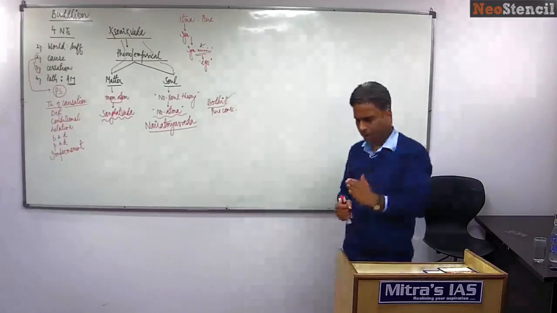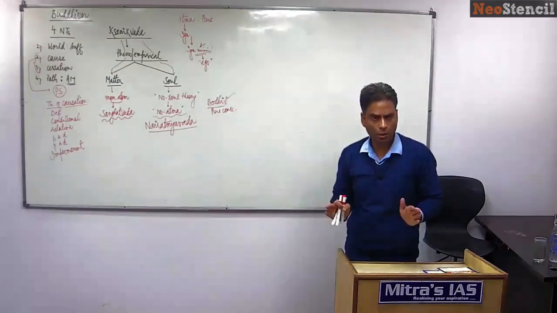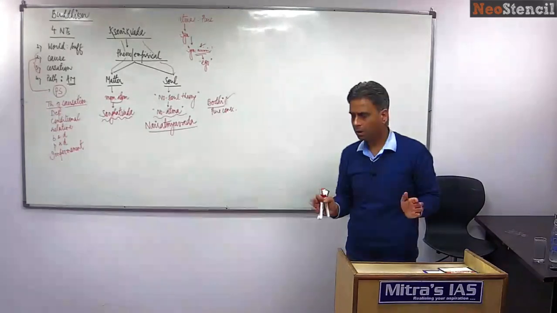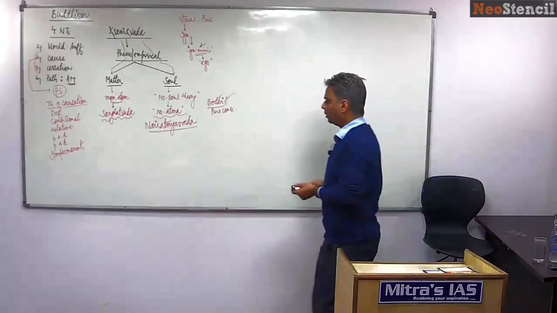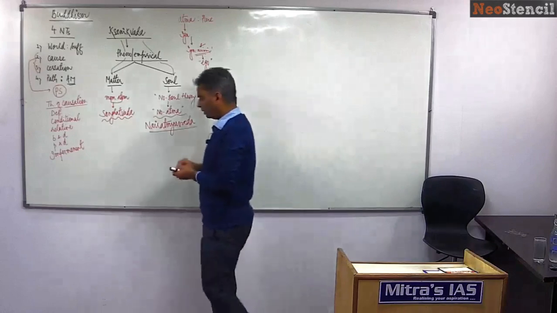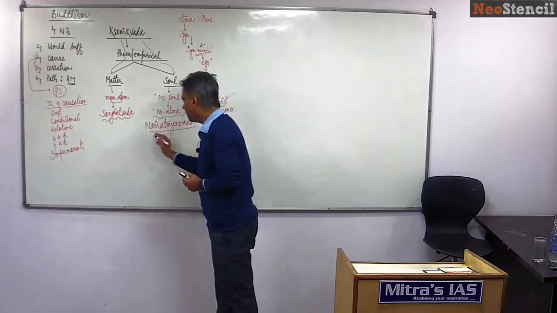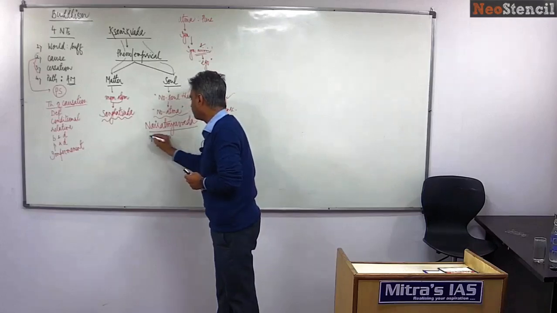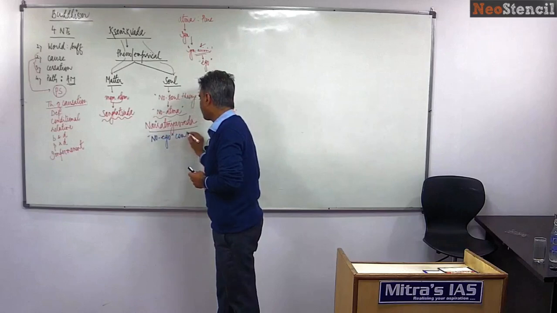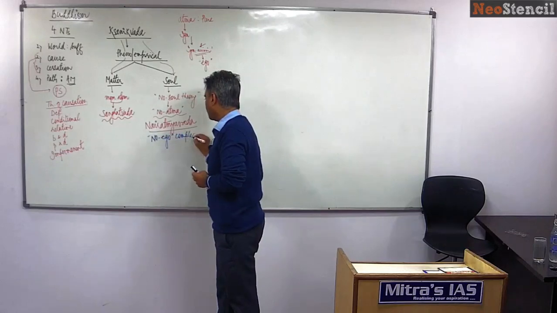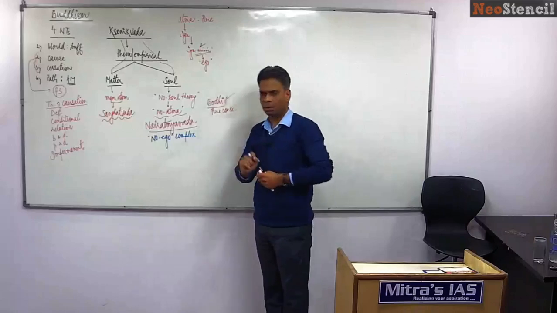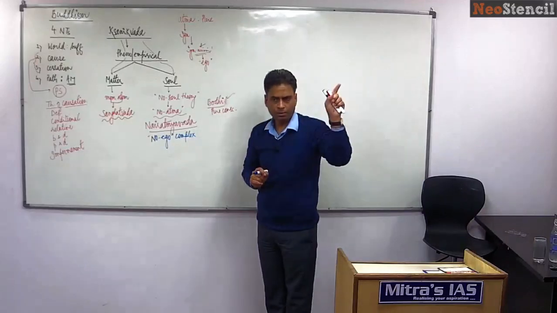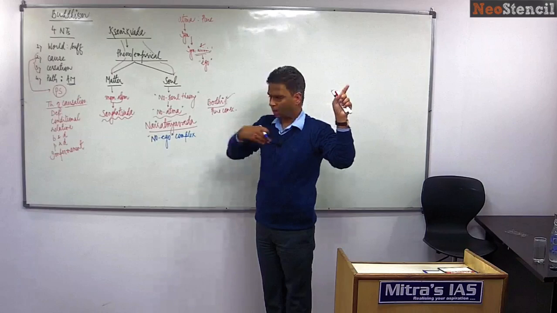Kshanikvad applicable to soul, and hence Buddha says there is no soul. There is no permanence of the soul. There is no Atma. And in fact, when he says there is no Atma, then actually he is denying that there is no ego complex. Actually, he is denying ignorant soul. Did he deny permanent soul? No. Permanent soul or ignorant soul?